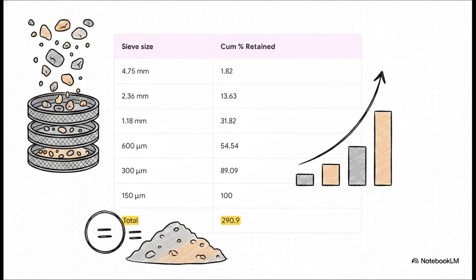Now, what's really interesting here is watching how this math stacks up in a real-world example. As the sieve sizes get progressively smaller, more and more material gets caught. If we sum up these cumulative retained fractions, 1.82 plus 13.63 plus 31.82 all the way down to 100, it gets us precisely to a total sum of 290.9.